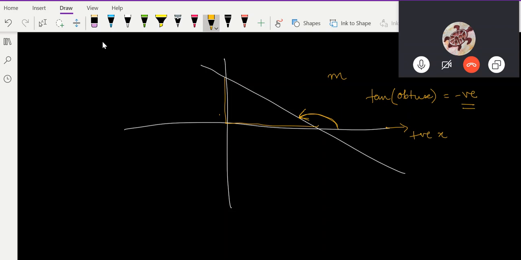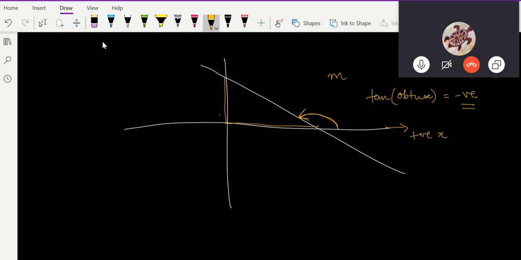We will come to this when we go into trigonometry to show you why tan is negative in the case of an obtuse angle. But tan of any obtuse angle is negative. Okay.